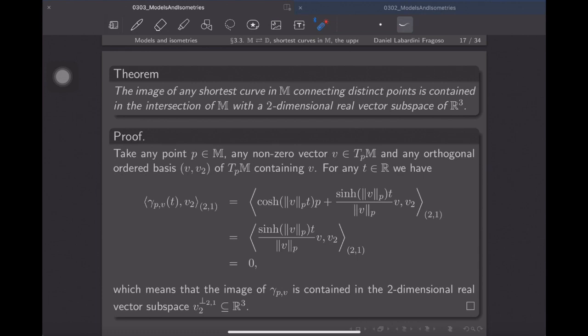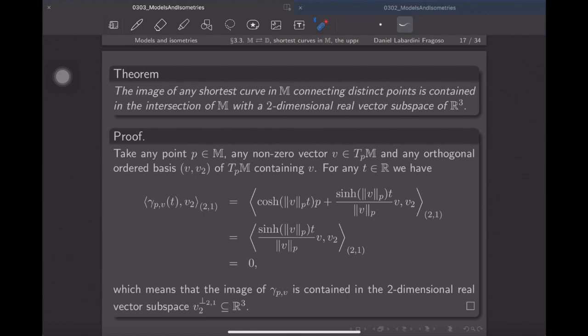So shortest curves in the hyperboloid are not arbitrary, not chaotic, not crazy. They still have Euclidean control, because they are contained in the intersection of some plane that passes through the origin with the hyperboloid.